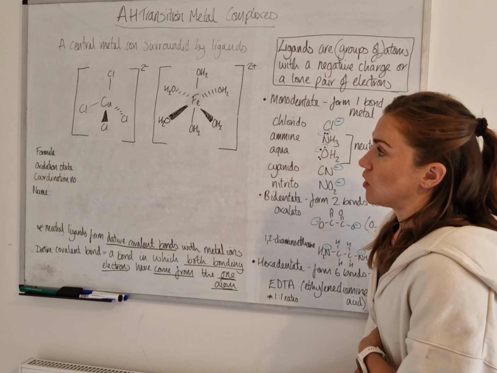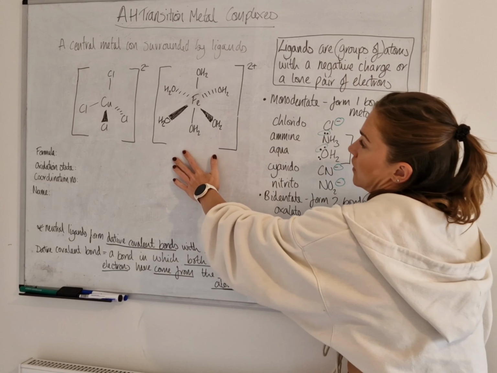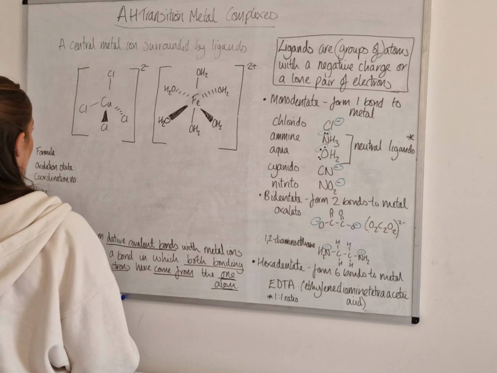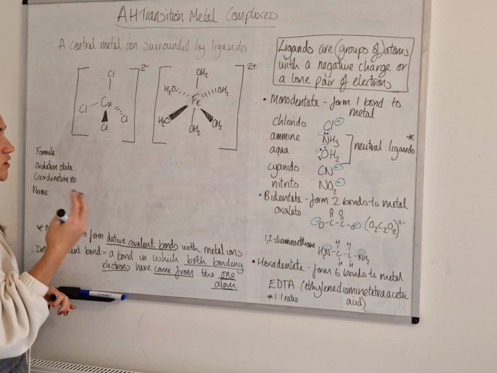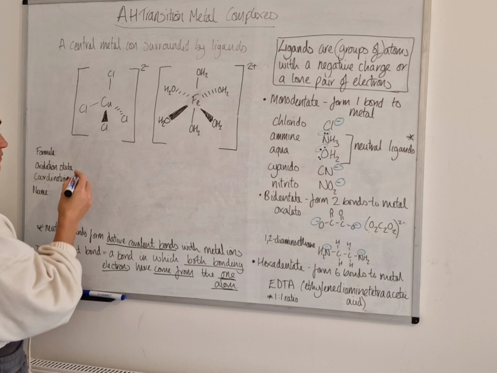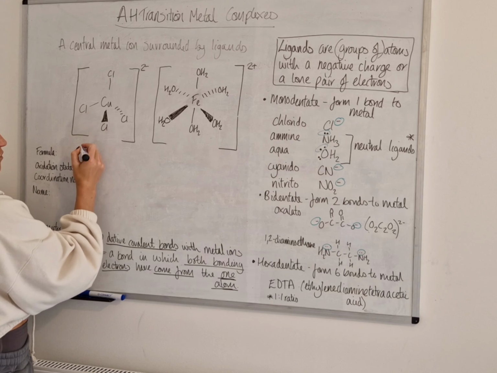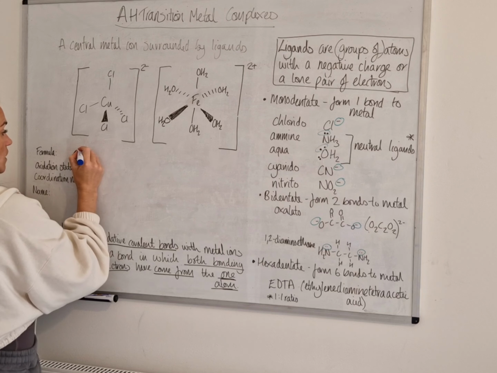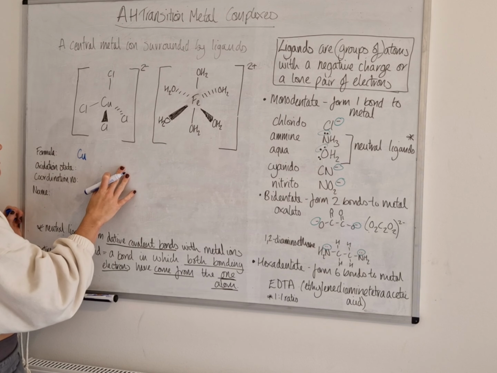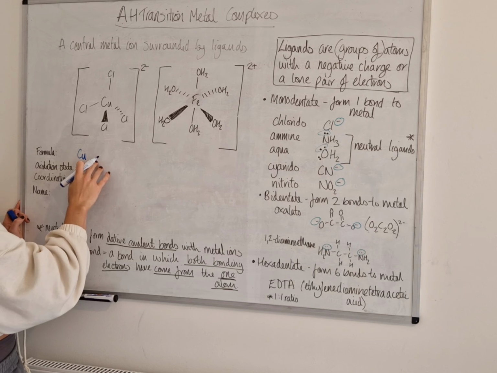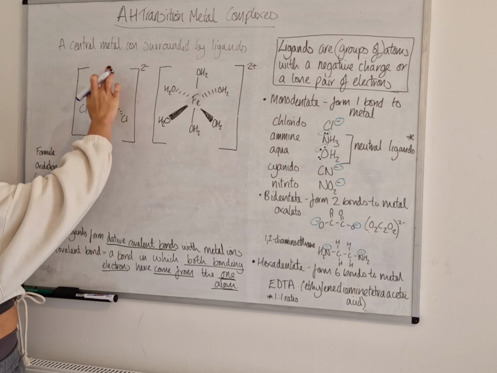So if we then go on to looking at how these are written as formulas, first of all, the chemical formula for transition metal complexes always has the central metal atom first. So in this case it would be copper. I'll use a blue pen for this actually. And then the ligands go in alphabetical order after, but there's only one type of ligand here.